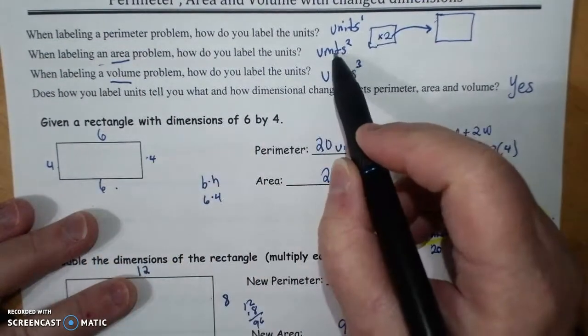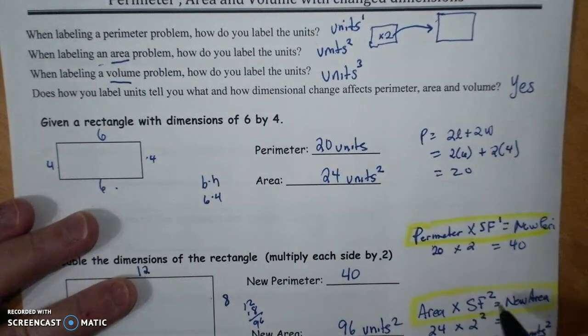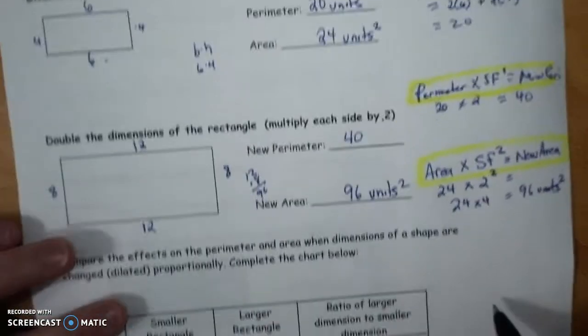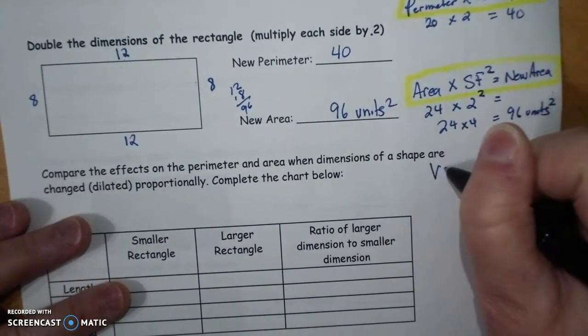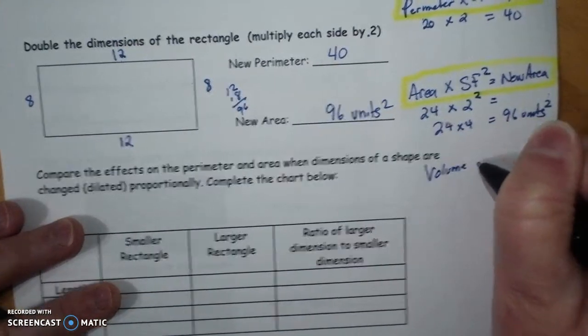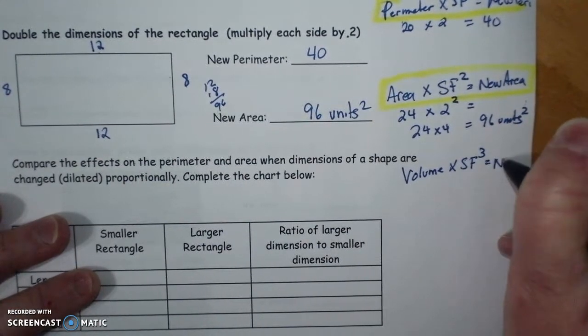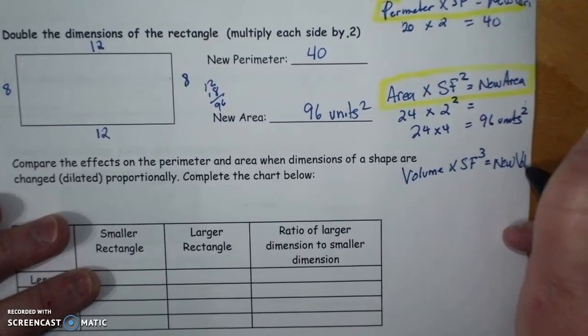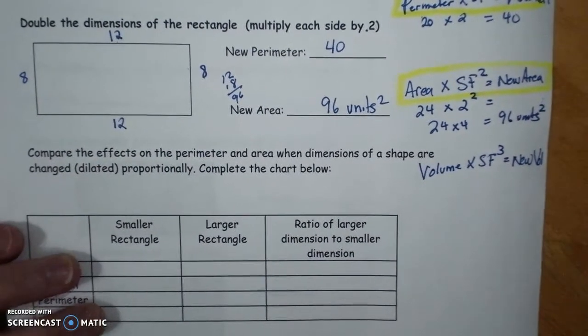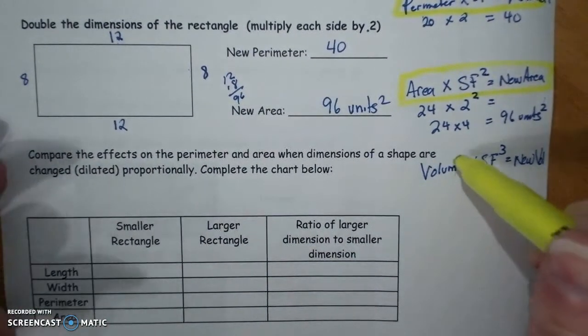And for area, I do units squared, so I multiply it by scale factor squared. So with the pattern, it would be volume times scale factor cubed equals new volume. And there's a third formula.